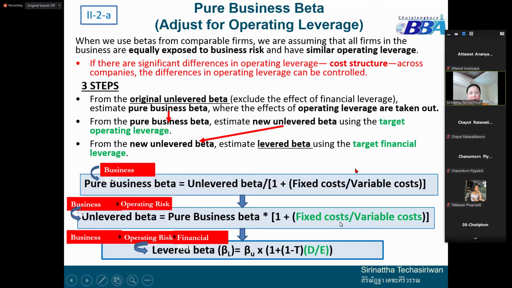Okay, and after that, from the pure business beta, you multiply by 1 plus fixed cost over variable cost of the company you want to estimate the beta for, and you have the unlevered beta of the company you analyze. And from this unlevered beta, you multiply by 1 plus debt to equity ratio of the company you analyze, multiplied by 1 minus tax rate. You have the levered beta of the company that you analyze, right? So any question on this slide?